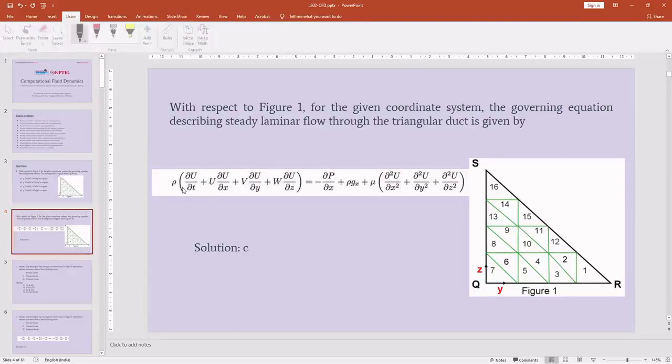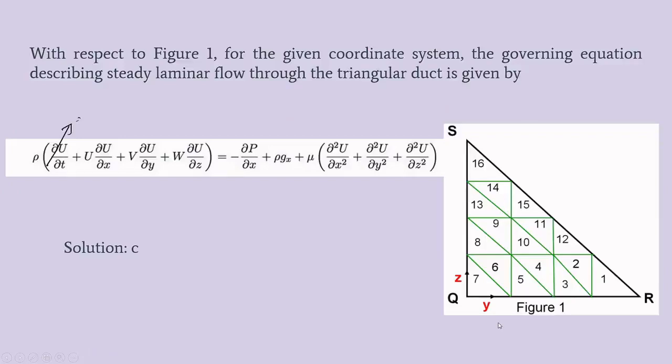On this side, these terms will go. For a steady flow, this term will become zero, and then we reduce the terms.